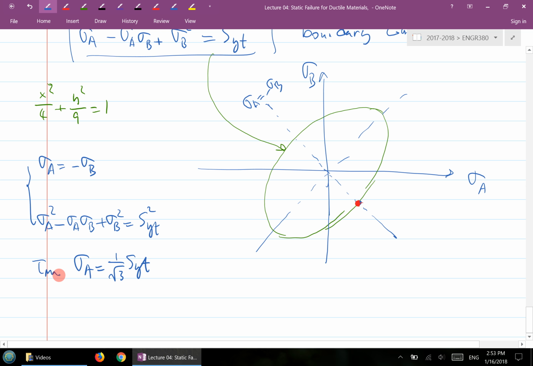If you remember the Mohr's circle, the tau max corresponds to the value of sigma A. If you calculate 1 over root 3, it is 0.577. This is your shear strength value, SSY. So according to the DE theory, it predicts the shear strength to be 0.577 SYT.